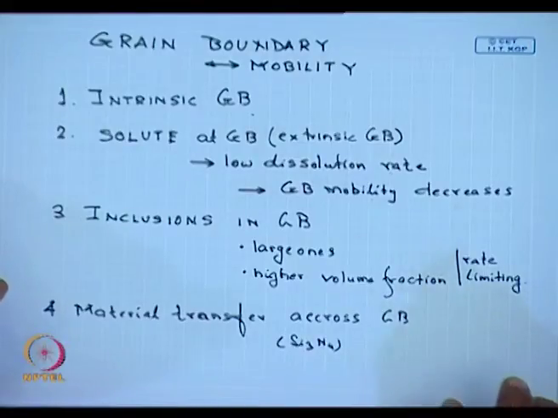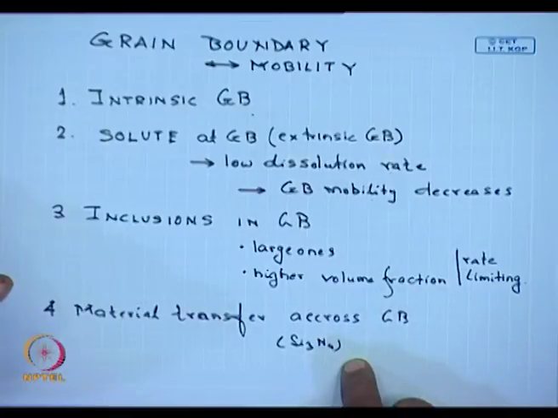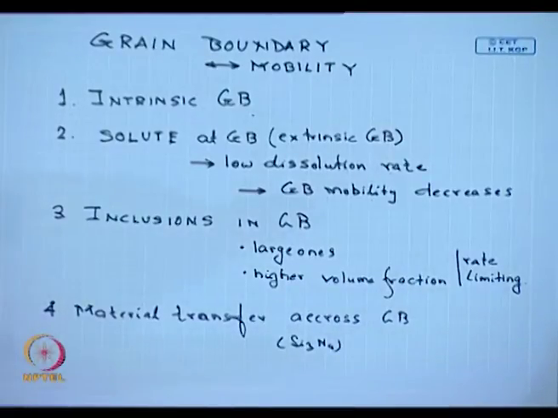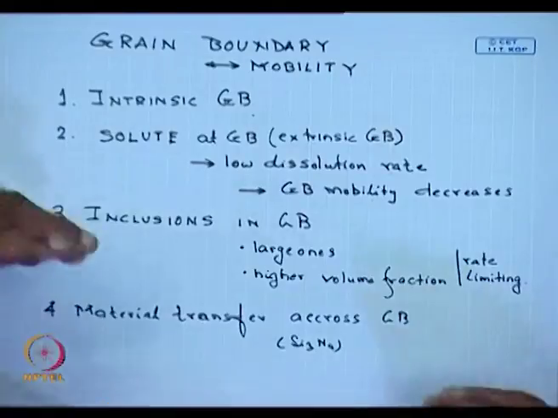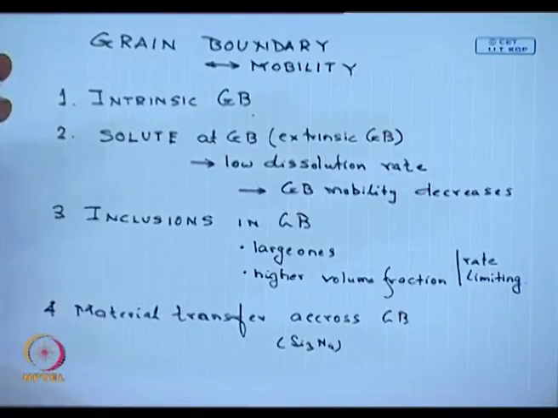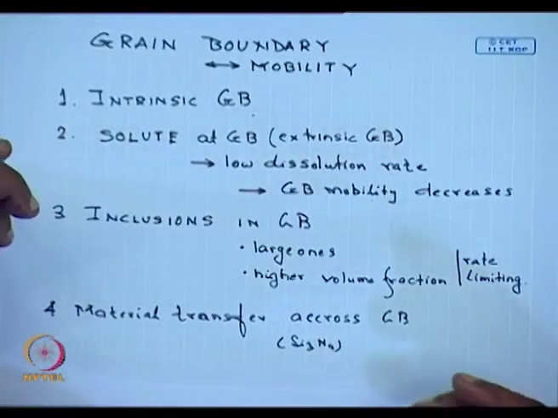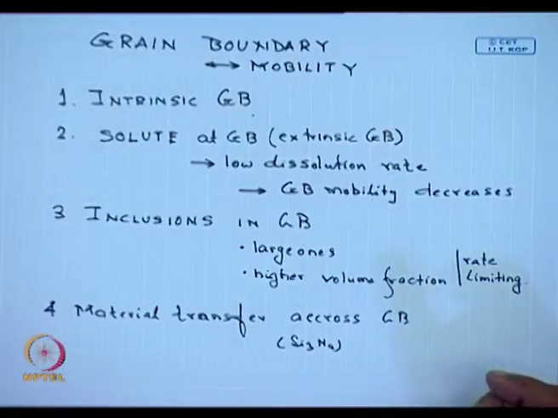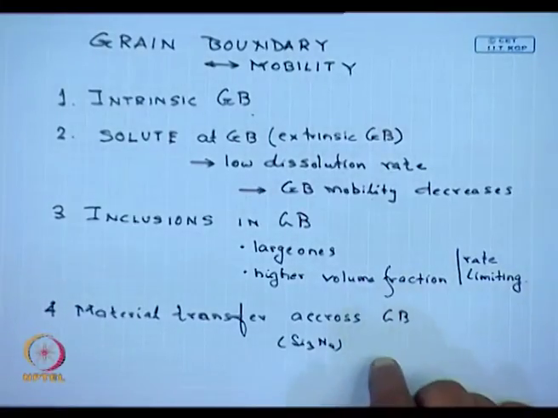The last one I have written is material transfer across grain boundary. That is, when I am sintering silicon nitride, silicon and oxygen has to interdiffuse. So, depending on this material transfer, we can control the grain boundary mobility.